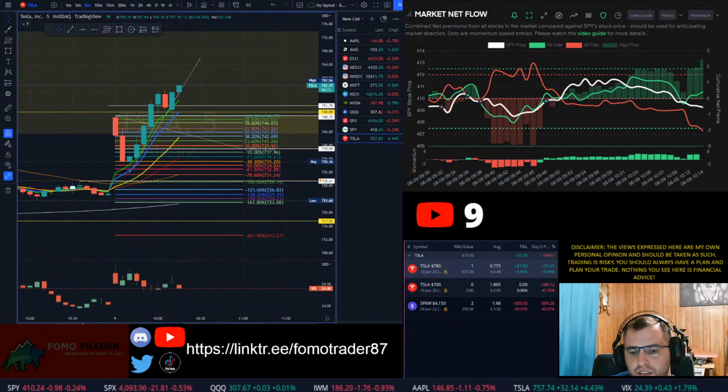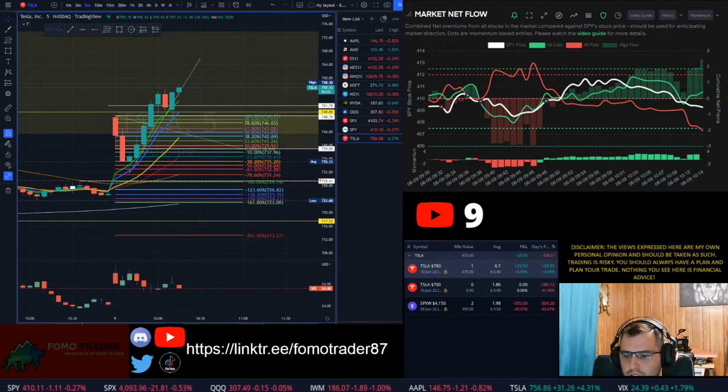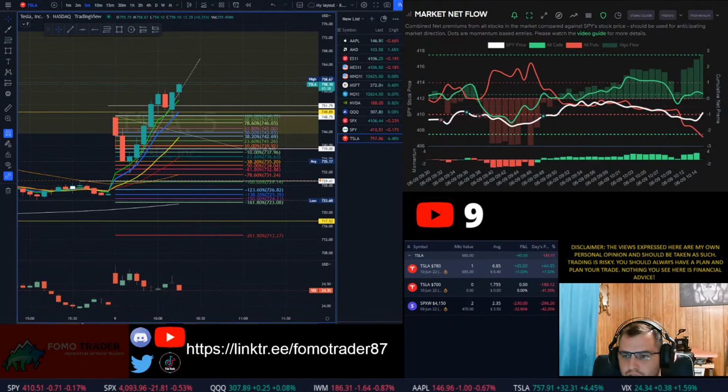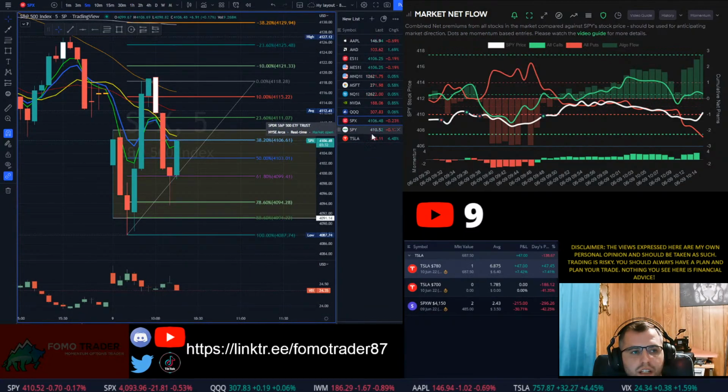Up 5% on that contract. Needs to hold this level here. 7%. SPX coming back up as well. Nice bounce off the 78.6 retracement level.